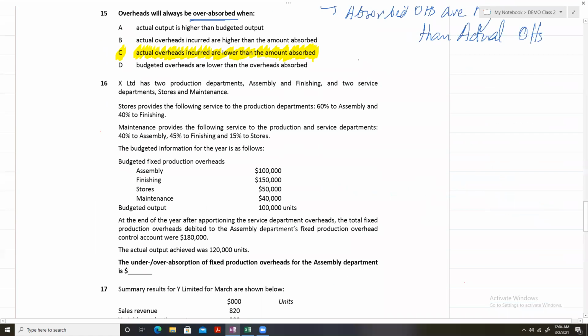Now, question number 16. In this question, the main step that you need to solve is the reapportionment of overheads.